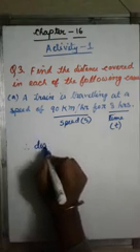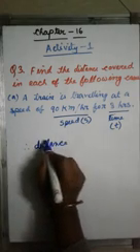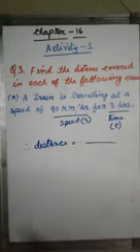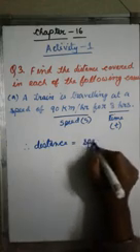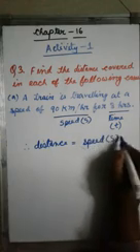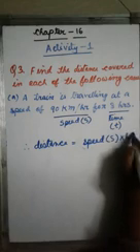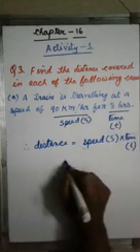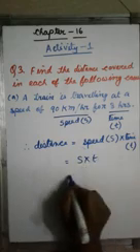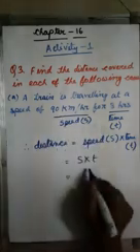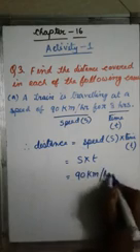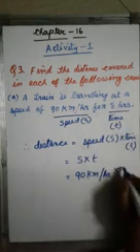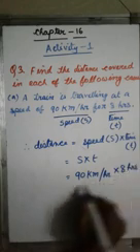Therefore, distance equal to speed into time, s into t. S is what? Speed is 90 kilometer per hour into time is 8 hours.